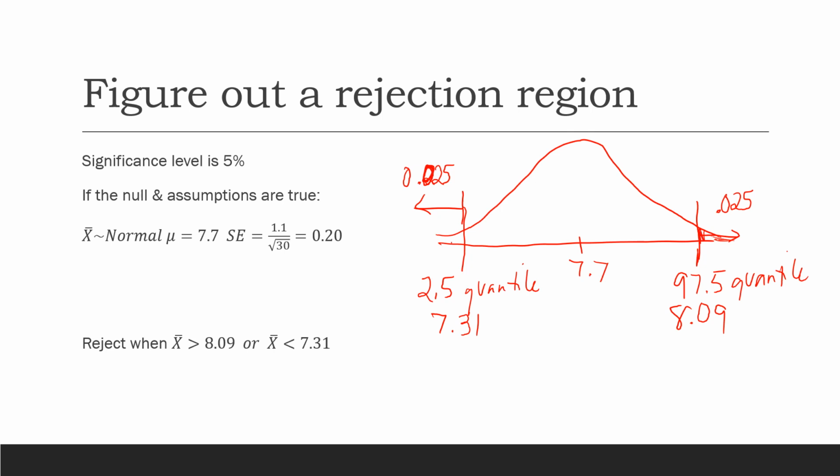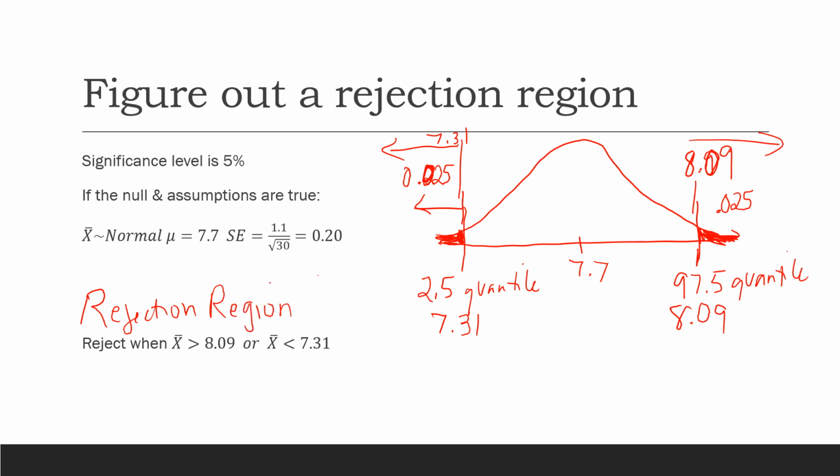So I'll reject any time I have a sample mean that's above 8.09 or below 7.31. Those are called my rejection region. Okay, so now that I know my rejection region, I'm done with my null model, and I need to start thinking about my alternative model.